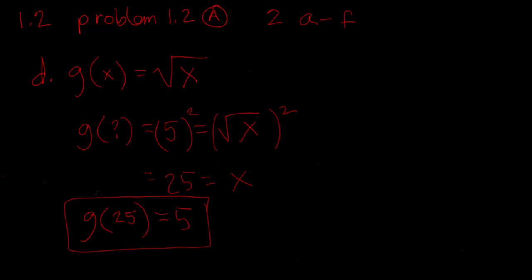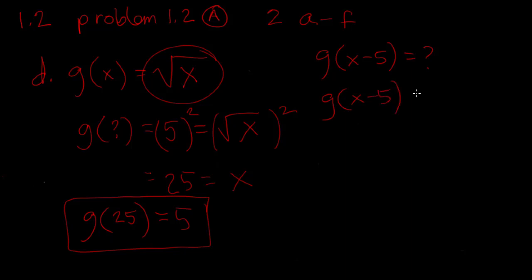That's all it is. Now, if we step forward to item F in that section 2, we have the equation g of x minus 5 equals what? Well, again, we know that this is what our function is. So g of x minus 5 is equal to the square root of, and using this notation, everything that's in here replaces everything that's represented in the variable x.